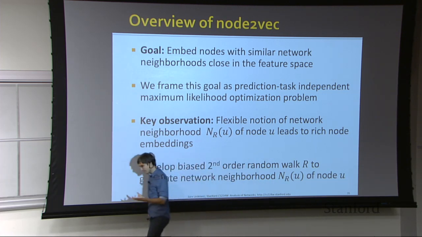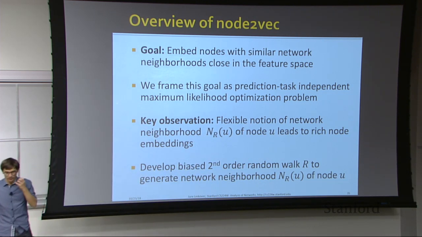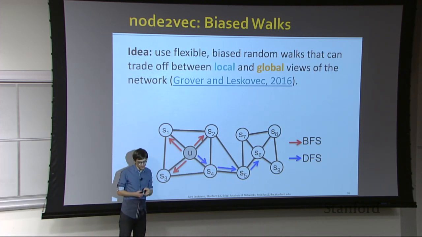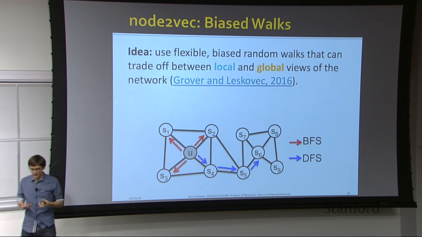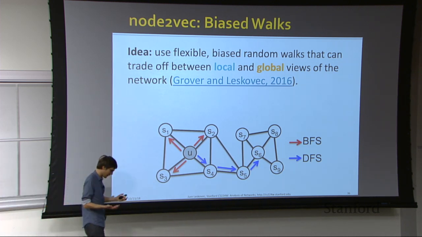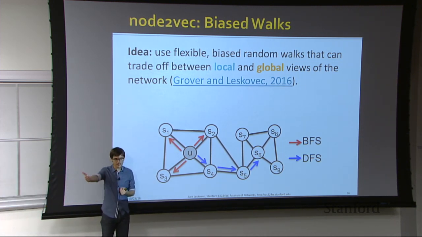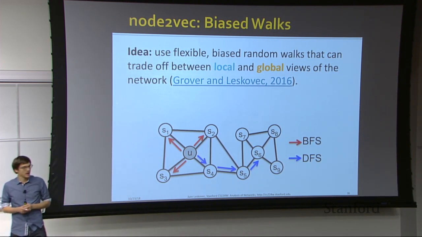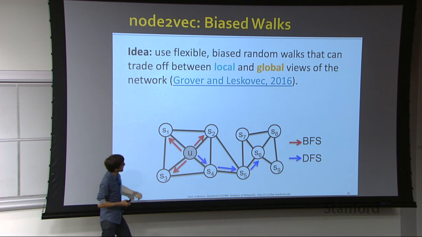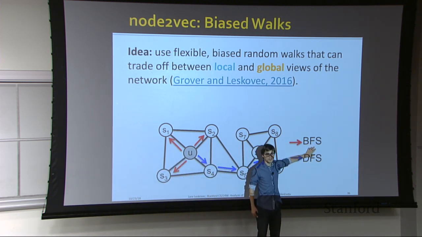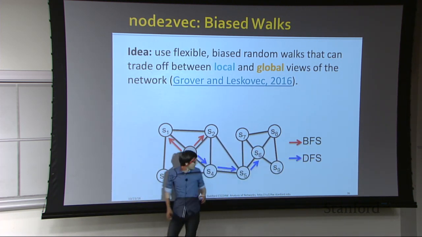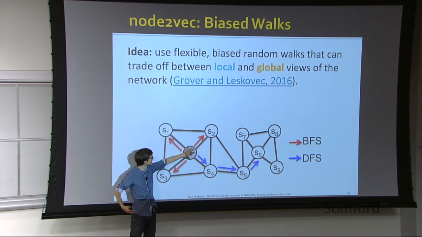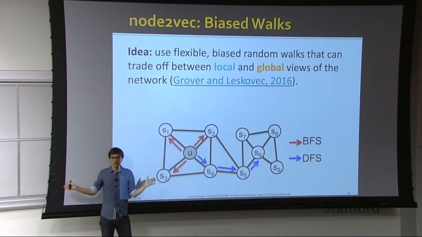Okay, so how are we going to generate this second order random walk? The intuition comes from this idea that if I want to explore the network and I'm given k steps to explore it, there are two extreme ways to do exploration. One way is through breadth first search, where I start here and try to stay as close to the starting point as possible and visit the k nodes.